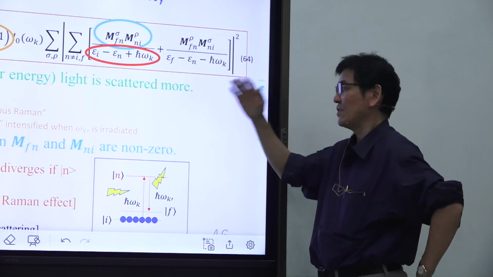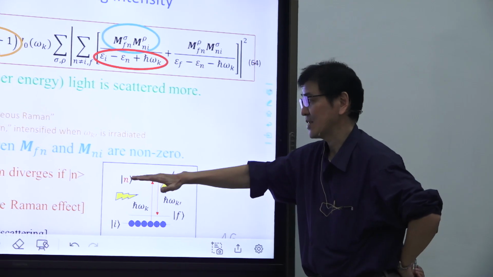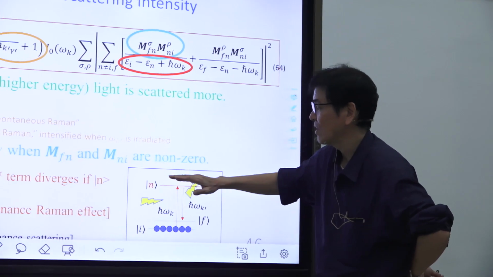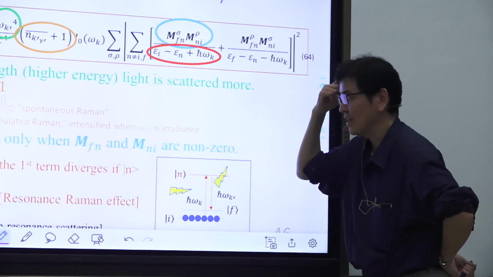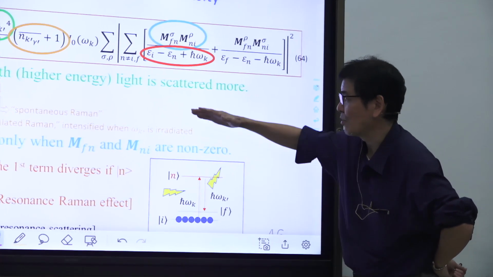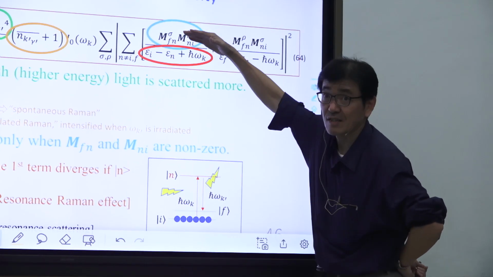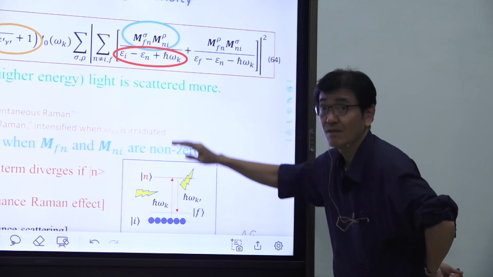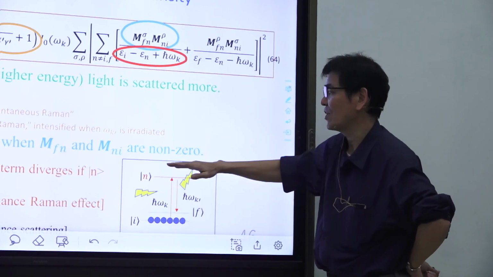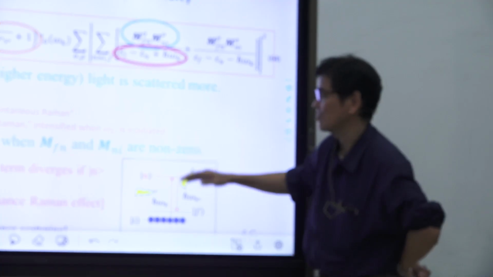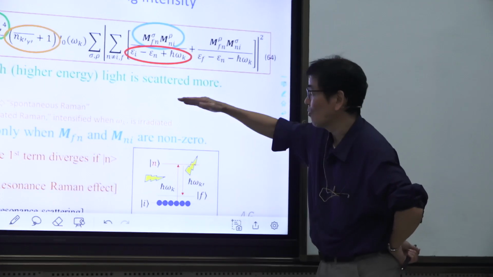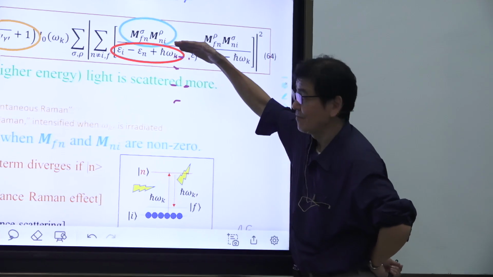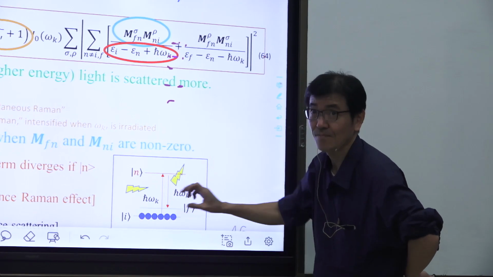When we call the intermediate state virtual, we are thinking about the contribution from all the electronic states that are far from the excitation energy. So not only one state contributes to the intensity, but all levels, far from excitation.